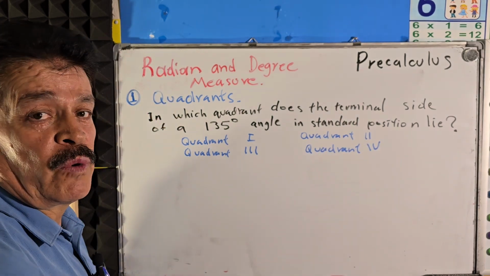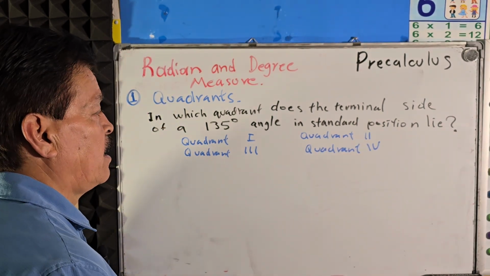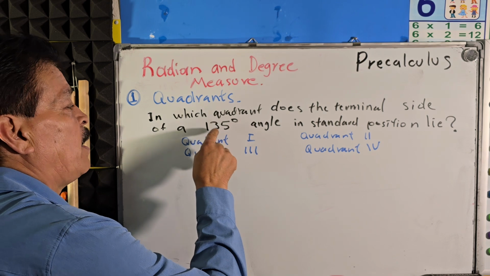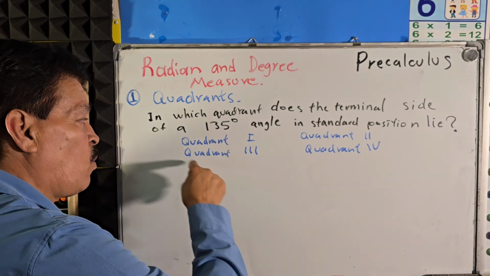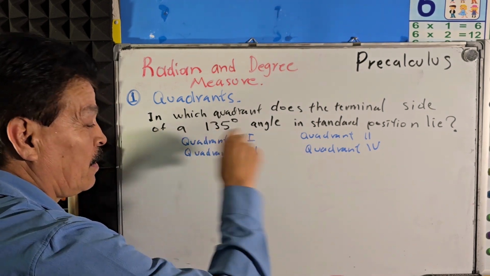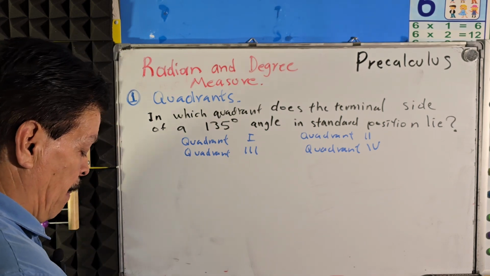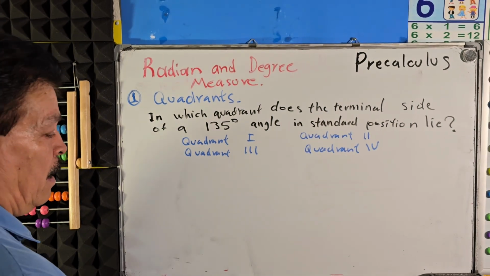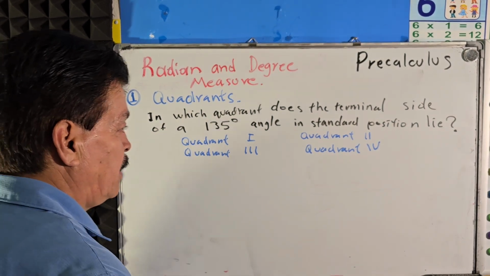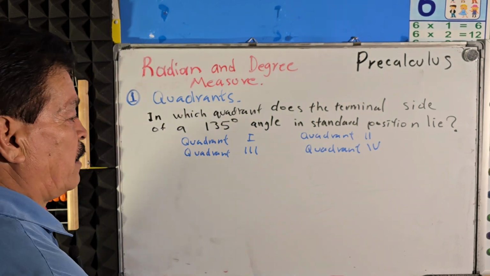All right, we have 4 different quadrants, and then also we have 135 degrees. In which one is this angle? Let me explain this idea for what I mean by quadrants.